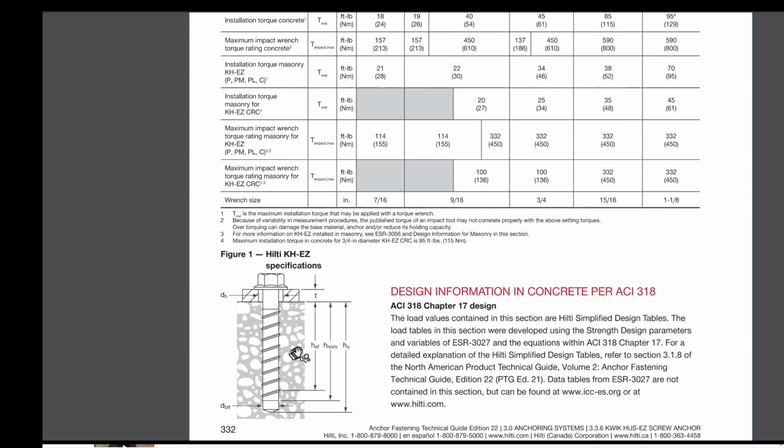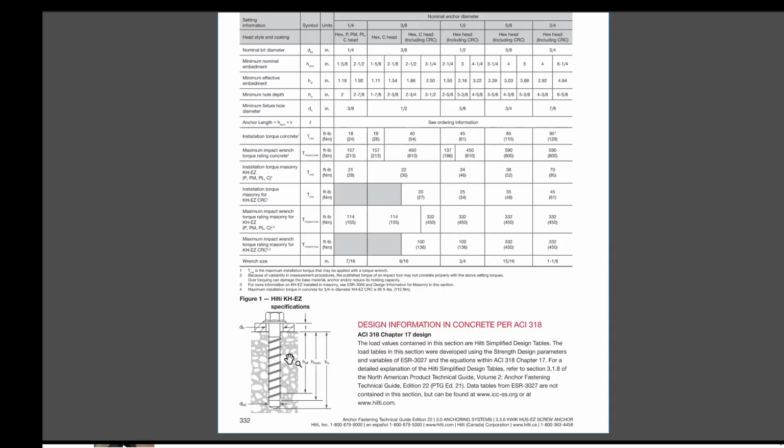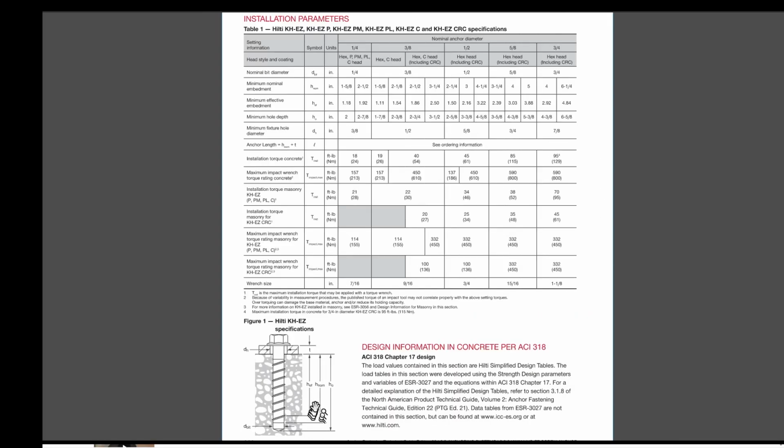Here, just take a look at this figure. The HEF dimension is the effective embedment. Then DH is the fixture hole diameter here in this row.